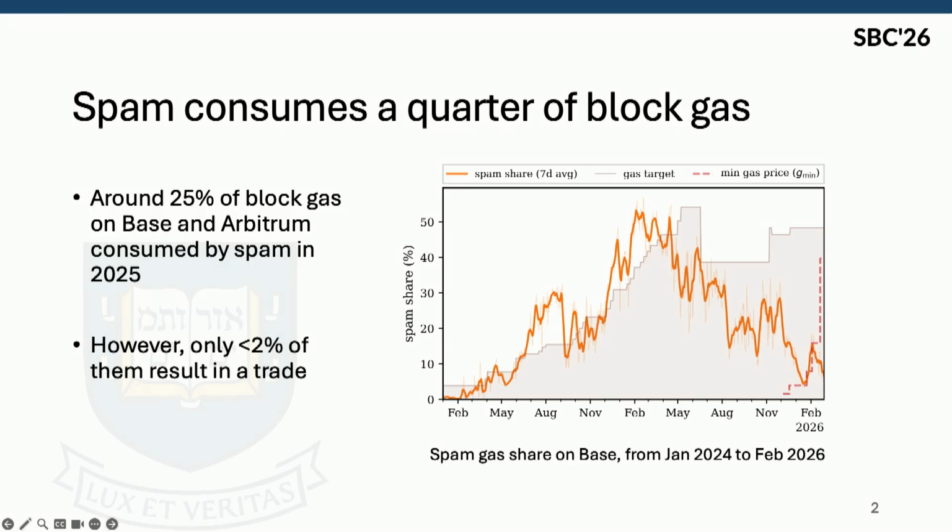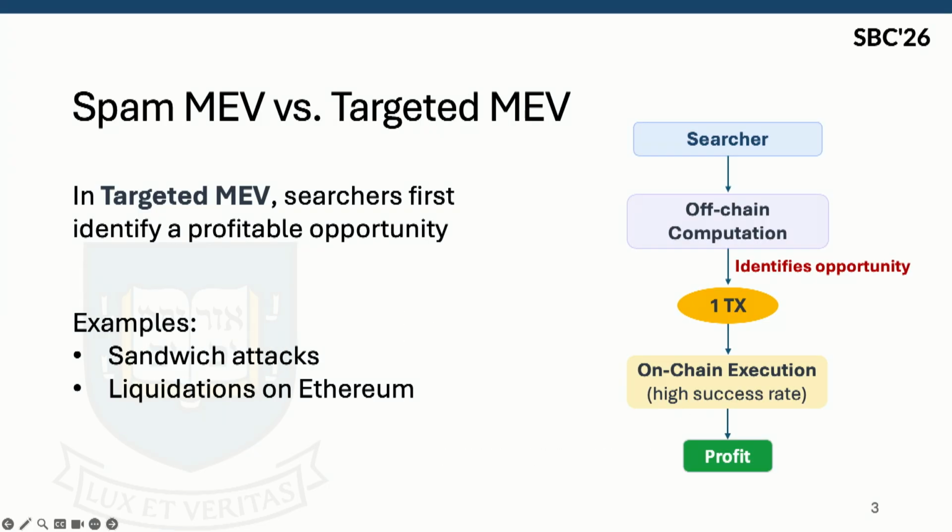But what is spam MEV? In order to understand what spam MEV really is, you need to compare it with targeted MEV. In traditional targeted MEV, there is a searcher, who might be a bot, which does a lot of off-chain computation using the data from the public mempool to see if there are any profitable opportunities. If a profitable opportunity appears, they submit exactly one transaction to the chain, and with high probability this transaction will succeed and they receive some profit.